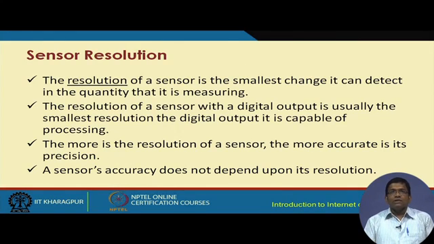There is a terminology called resolution. The resolution of a sensor is defined as the smallest change that it can detect in the quantity that is being measured. The resolution of a sensor with a digital output is usually the smallest resolution of the digital output it is capable of processing.